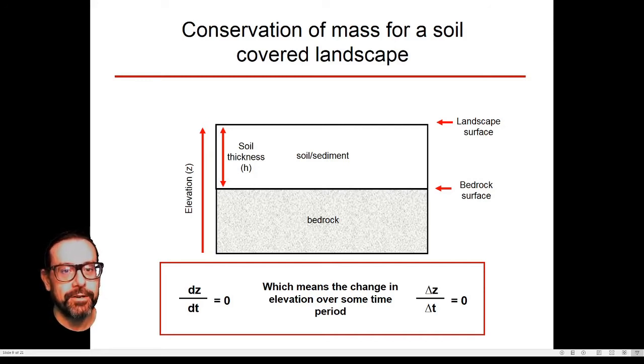So we're going to start out here. So this is another landscape element. And so in this landscape element, it's a little more complicated than the box I showed you before, in that it is a box, but it has two parts to it. The lower part of the box is made up of bedrock. The other part of the box on top is made up of soil or sediment.